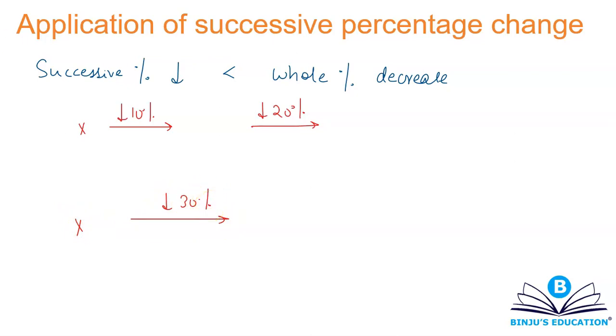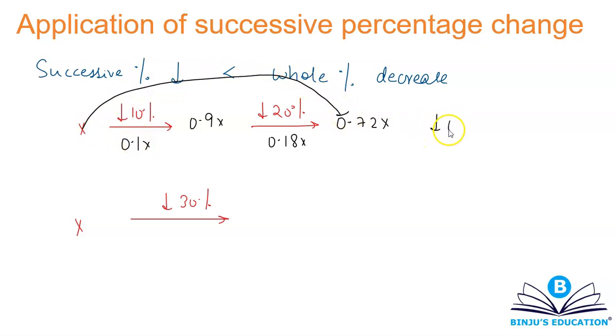If I'm decreasing this by 10%, I'll be decreasing this by 0.1x, so this will become 0.9x. And if I decrease this by 20%, then I'll be decreasing this by 0.18x, and this will become 0.72x. Going from x to 0.72x, you're basically going down by 0.28x, or decreasing your value by 28%.